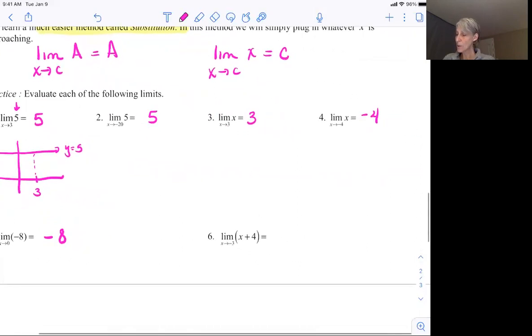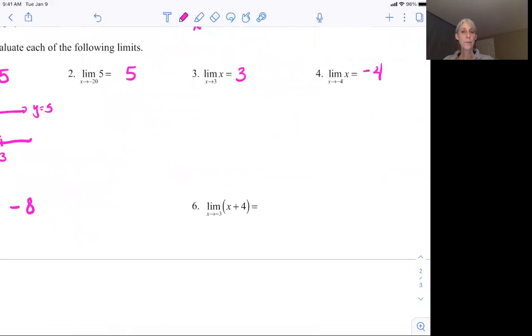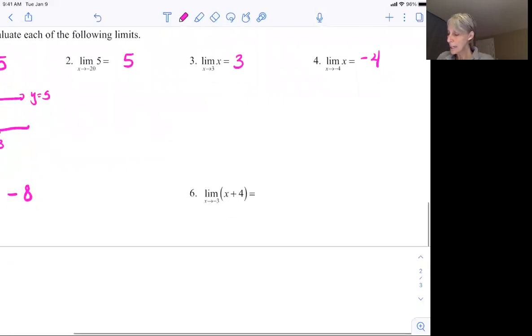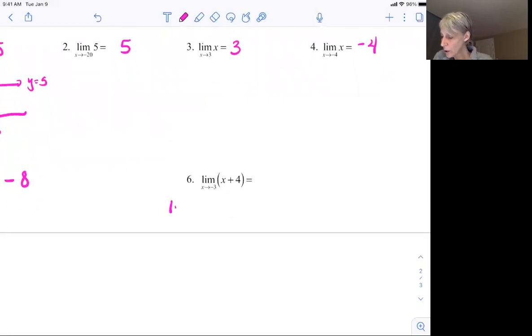The limit as x approaches -3 of x plus 4. Okay. Again, I'm going to stop for a moment. We're not going to do this, but technically, this is really using our properties. It would be the limit as x approaches -3 of x plus the limit as x approaches -3 of 4. But do we really have to do that?